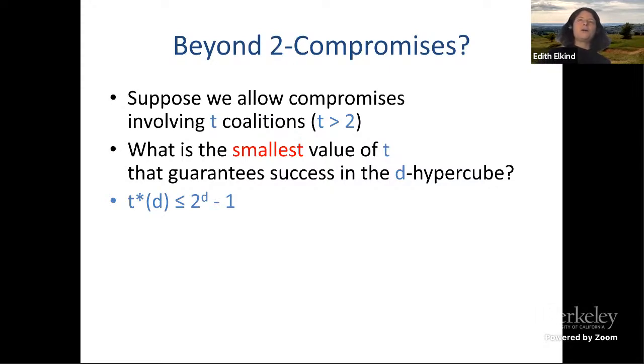Right, so that's an upper bound. If you allow negotiations among these many collisions, you'll get to a majority supported outcome. But this seems like allowing too many negotiators in the room, right?